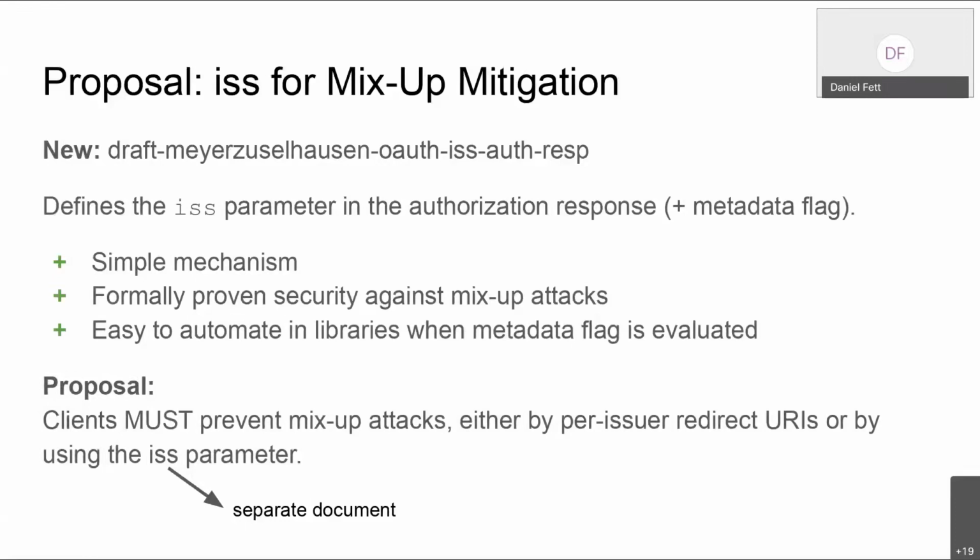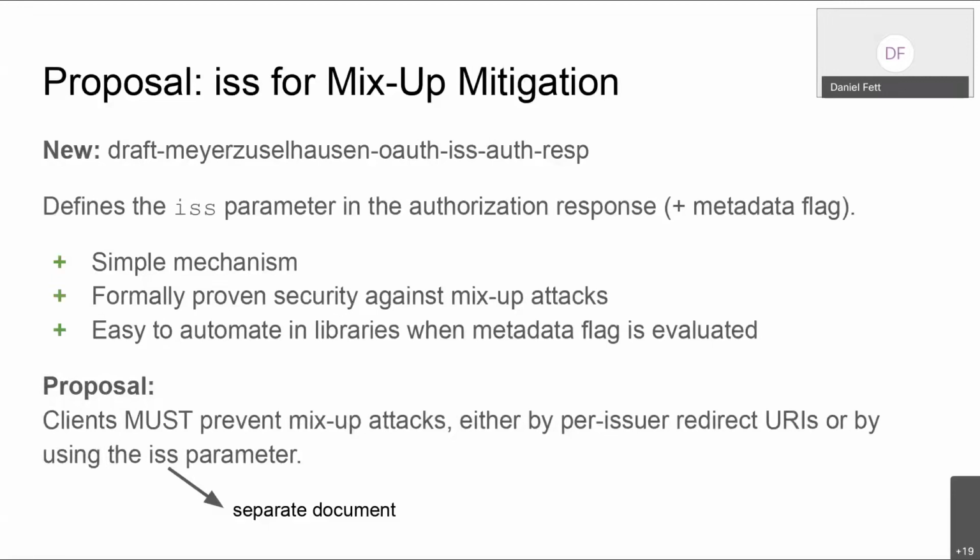So the whole thing starts with, as you know, in a mix-up attack, you have one client and at least two issuers. So one issuer is honest.com and one is attacker.com. The user would go to the client and say, I'd like to use attacker.com as an issuer, for example by pressing a button, authorize with attacker.com.